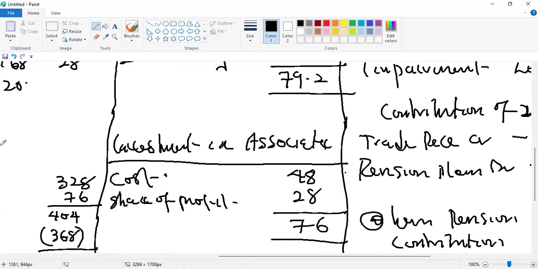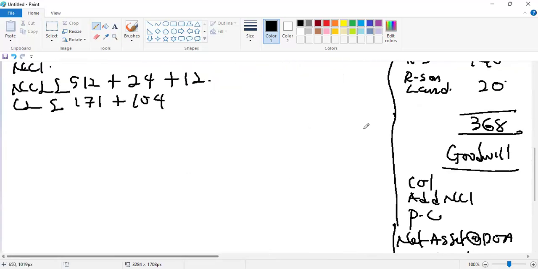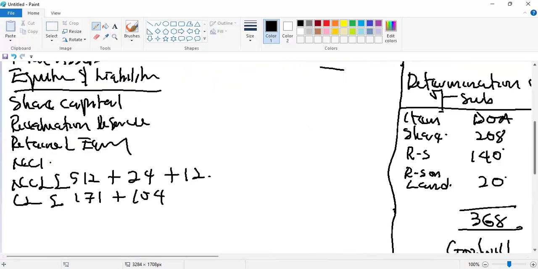Associate is 79.2 NCI, 79.2. This one is 148.8. What is the share capital of the parent?